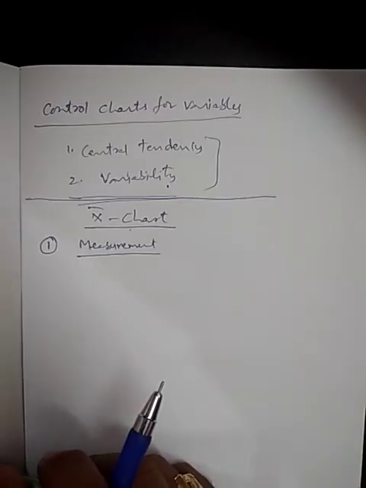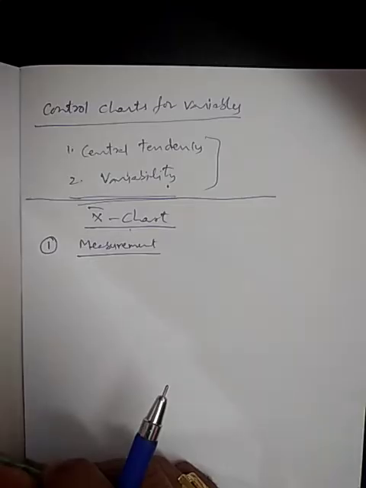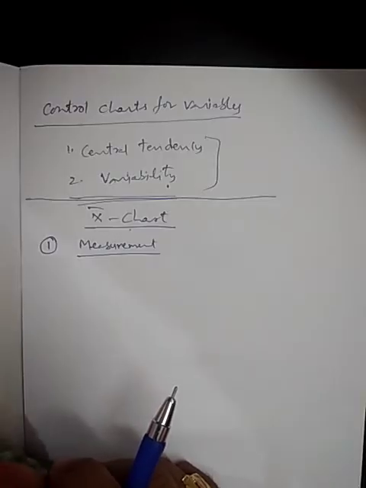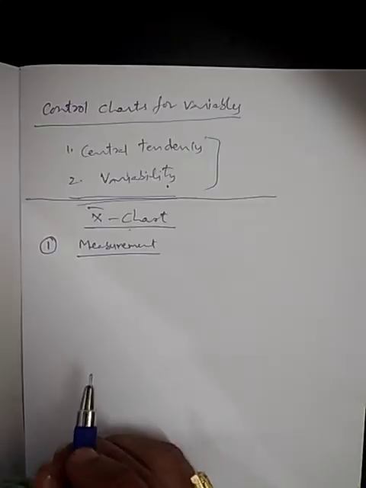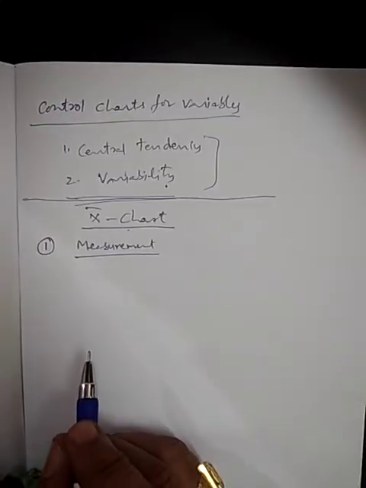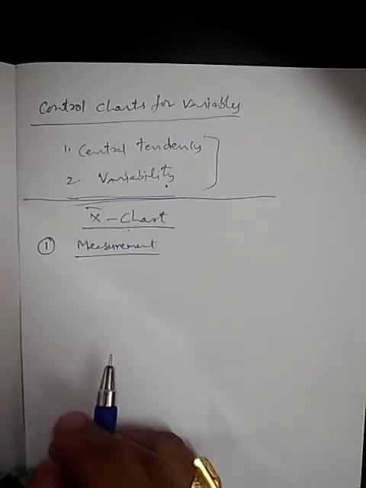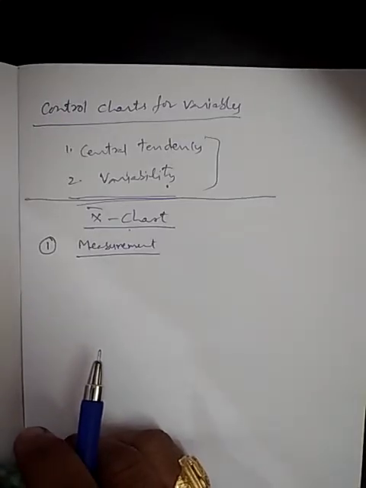Here we have to remember one point we have already studied: measurement in any production process has inherent variability. Whatever measurement we consider has some variance. Why?